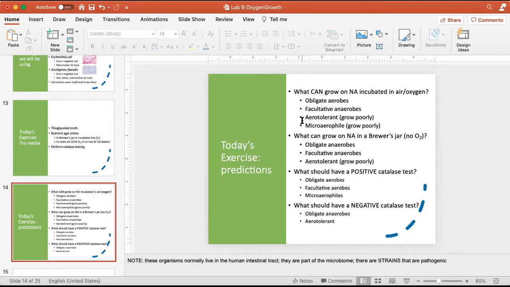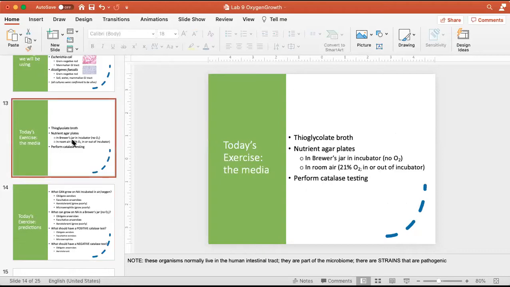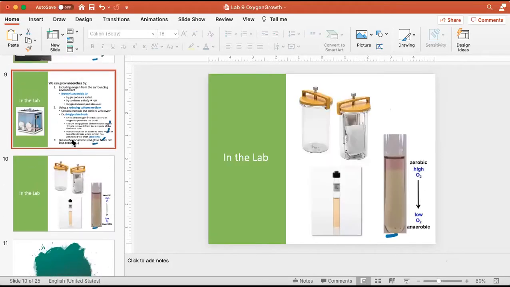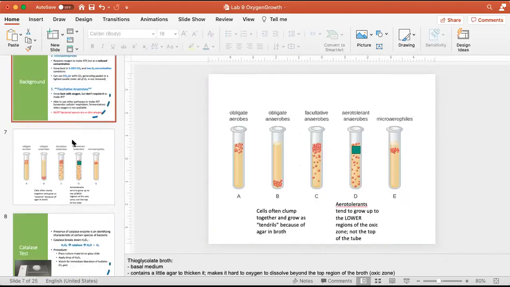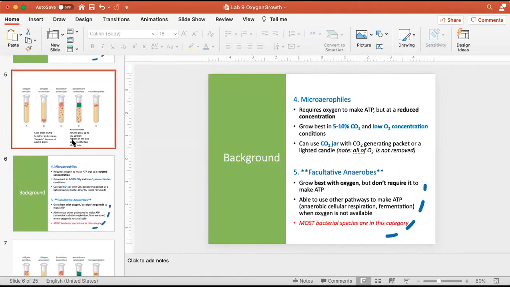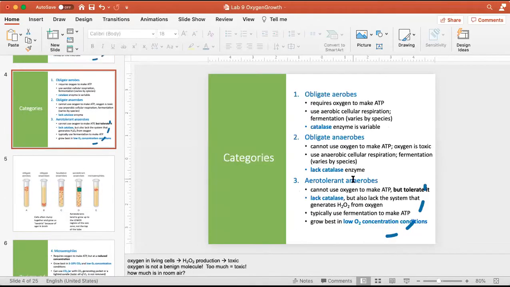Let's review aerotolerant and micro-aerophile for just a moment so we can remind ourselves about their very specific requirements regarding oxygen in the environment. Aerotolerant, as the name suggests, are going to tolerate air. In other words, oxygen is not toxic to them. It's not going to kill them, but they're also not going to use it to make ATP.